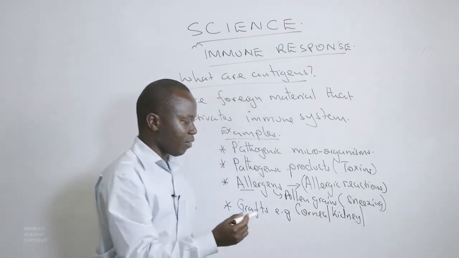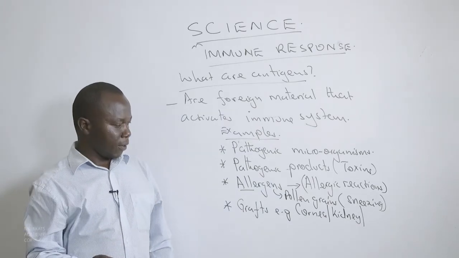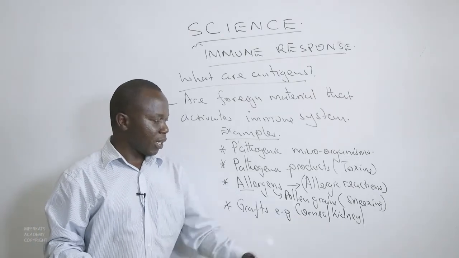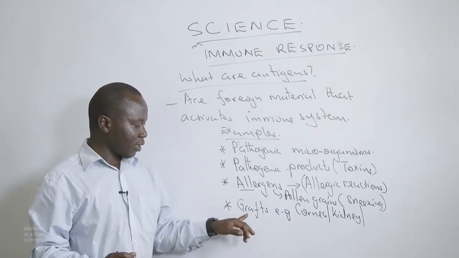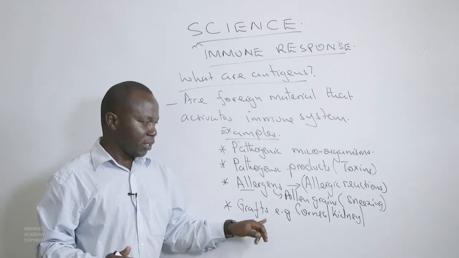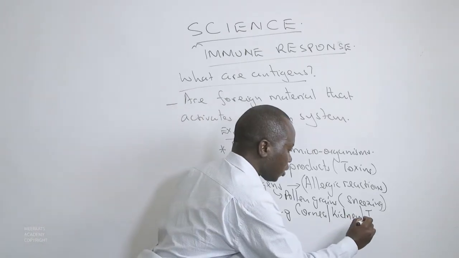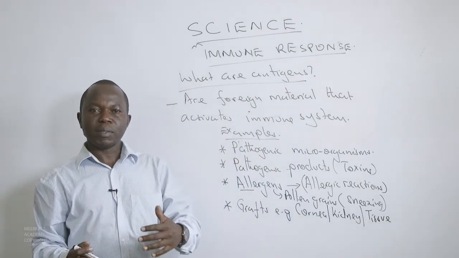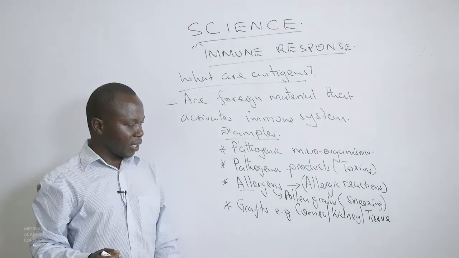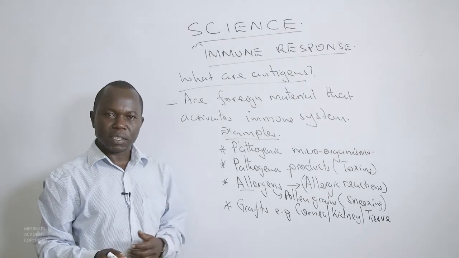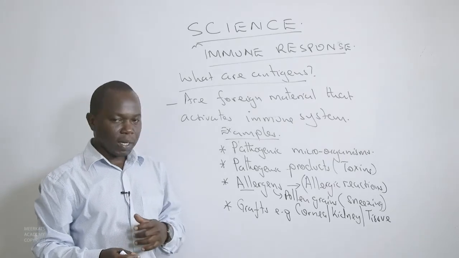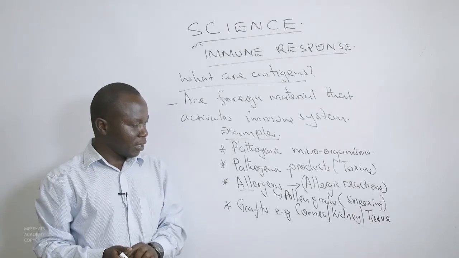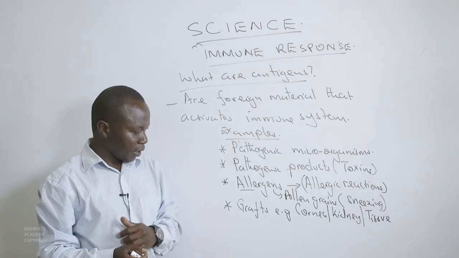If you have a problem with the urinary system, and one of the kidneys has failed or both have failed, you can have a kidney transplant. That is an example of a graft. We have several, even tissues. If one gets an accident and part of the body is ripped off so that the tissue no longer exists, we can obtain grafts from other animals or other people so that the place is filled.